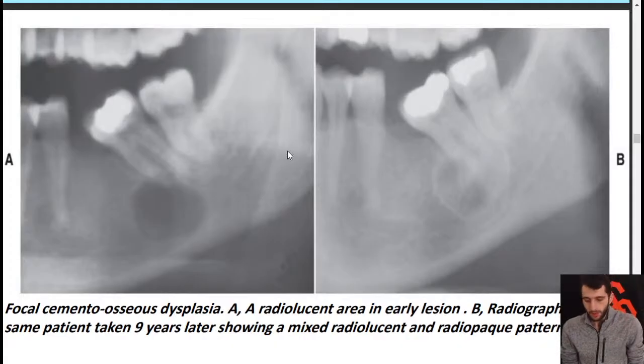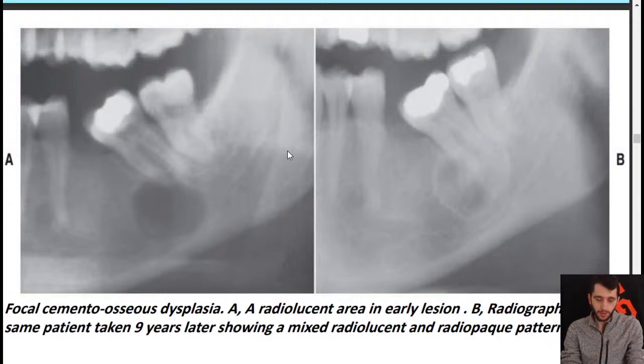And of course, this one is all about cemento-osseous dysplasia, focal. And focal, especially, requires paying good attention to the posterior teeth, because they are the most important teeth present in the mouth.